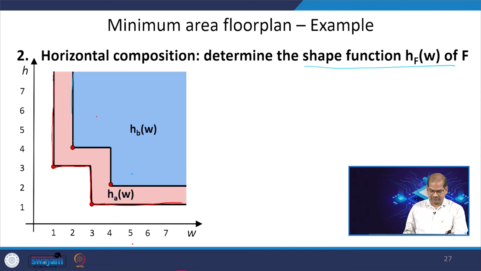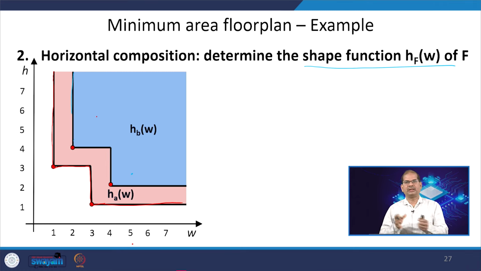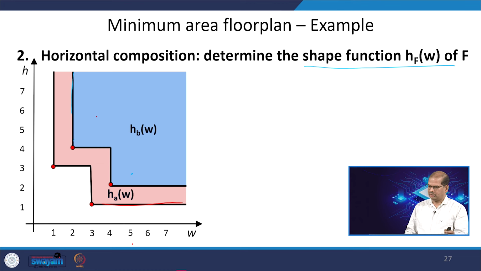In horizontal composition, we have to keep the blocks side by side. So we are finding the shape function of the overall horizontal composition. Here, we take a point of this one, which has a width of 1, and a point of this one, which has a width of 2.